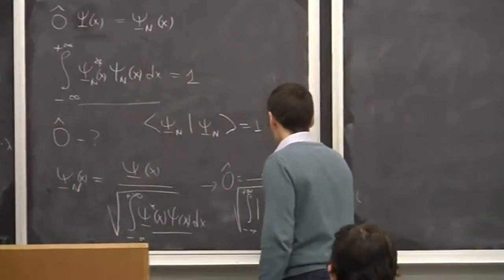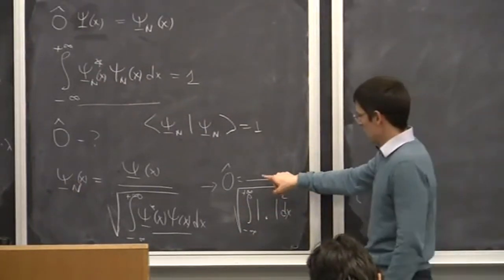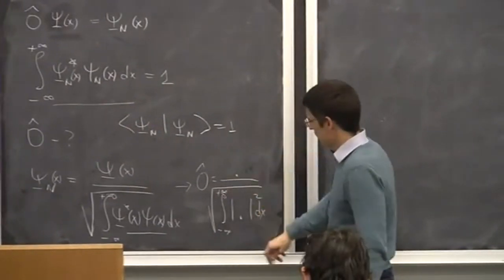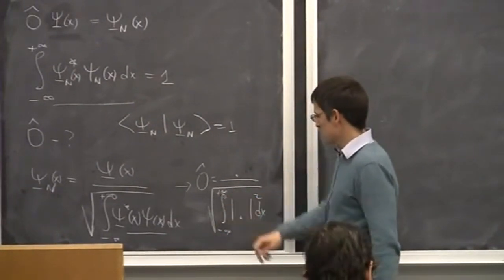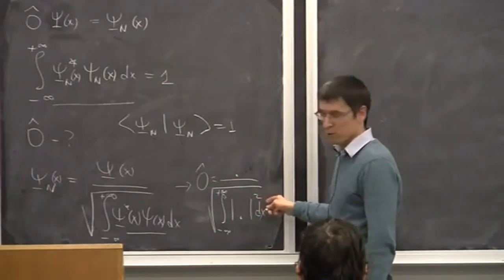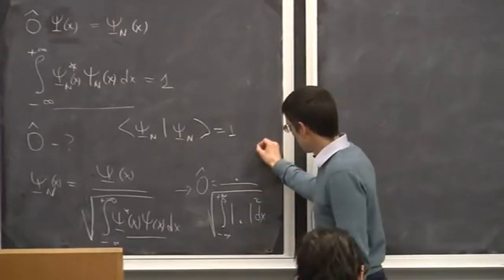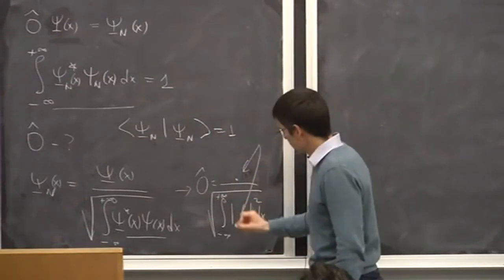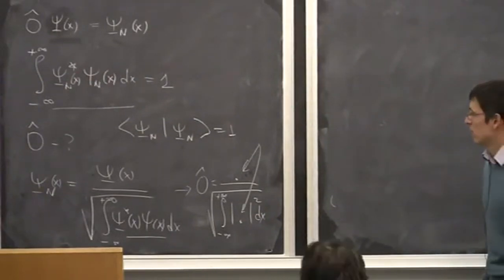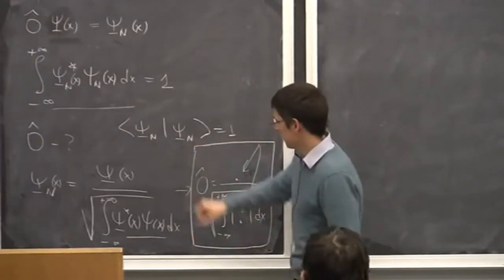Nevertheless, you can write this operator as: in the numerator you put a function, that's why I put the dot, then divide by the square root of the integral from minus infinity to plus infinity, and inside the integral I put the absolute square sign and the dot. So whatever function you have, you put that function in the numerator, and also in the denominator inside the integral, right? So that will be our normalizing operator, right?